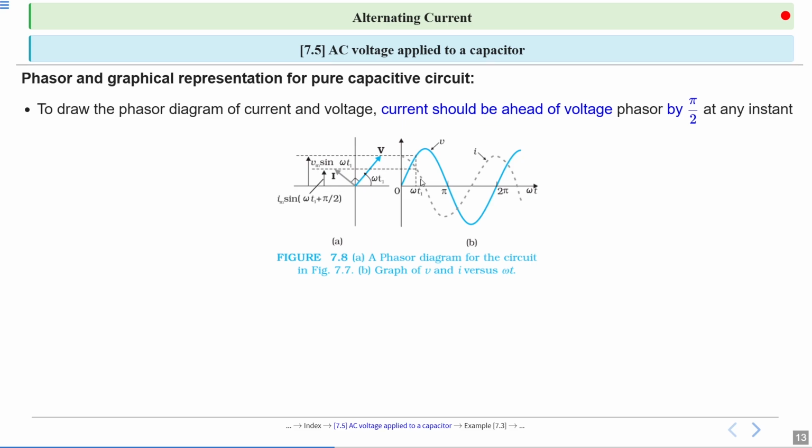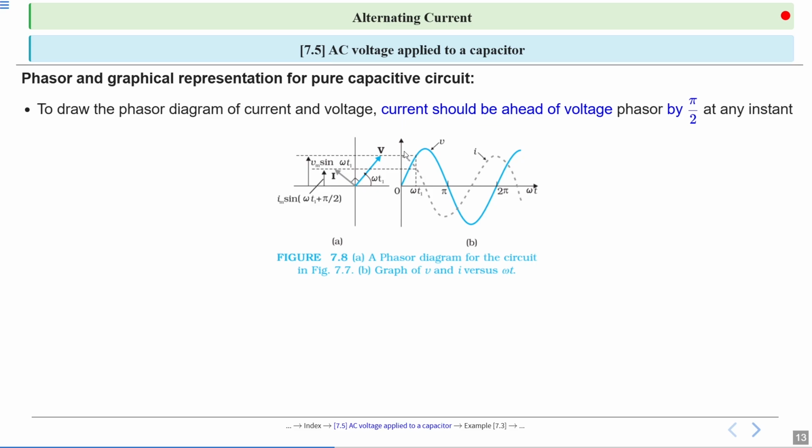But we cannot say from this that current lags after pi by 2. You can see in this situation the slope of current is different. It is in the downward direction, and in this condition the slope of the voltage is in the upward direction. So they are not the same conditions. So we need the same zero, reached with the negative slope.